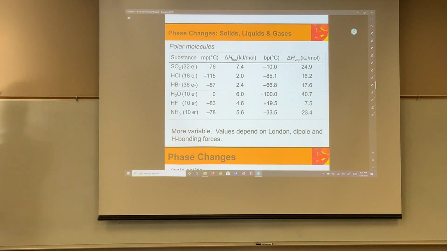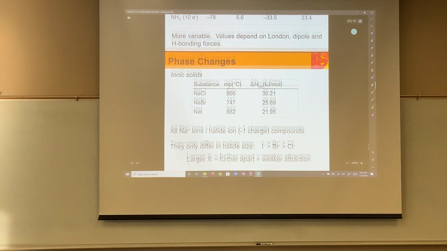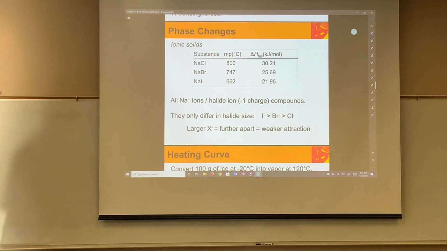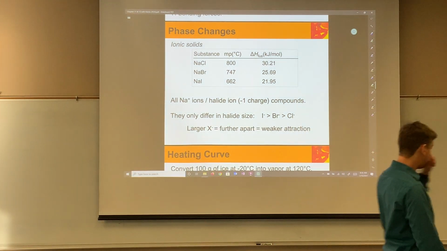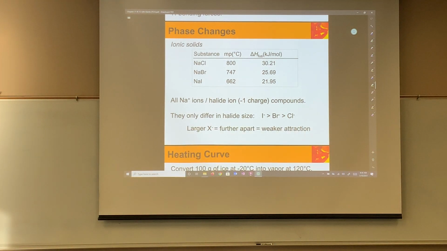And then one other thing that we didn't mention too much last semester, but when we're talking about melting and intermolecular forces and all that kind of stuff, something to pay attention to is the charge on the ions themselves. If we have an ionic compound, like a series of sodium chloride, bromide, and iodide, each one of those ions has either a +1 or a -1 charge, okay?